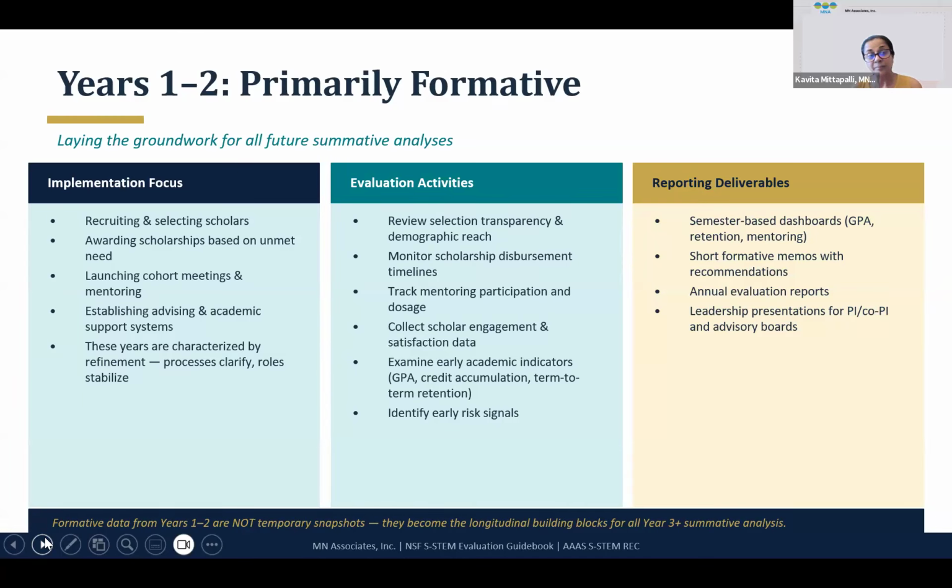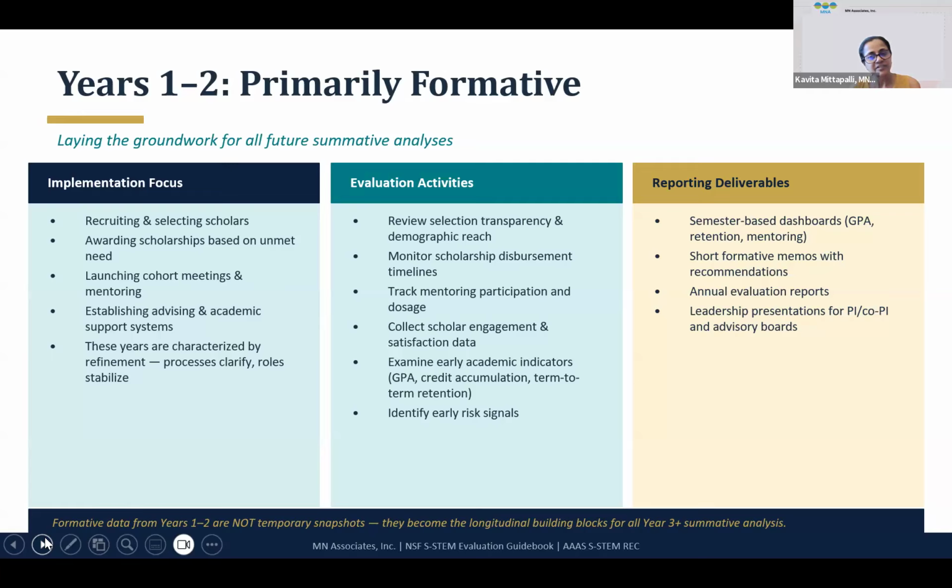So this is what primarily happens in years 1 and 2. It's formative: you're setting the stage, collecting monitoring data on the EBPs, financial stability, and early academic indicators like GPA and retention, along with short formative memos that include recommendations and lessons learned. Remember, you're also providing feedback.